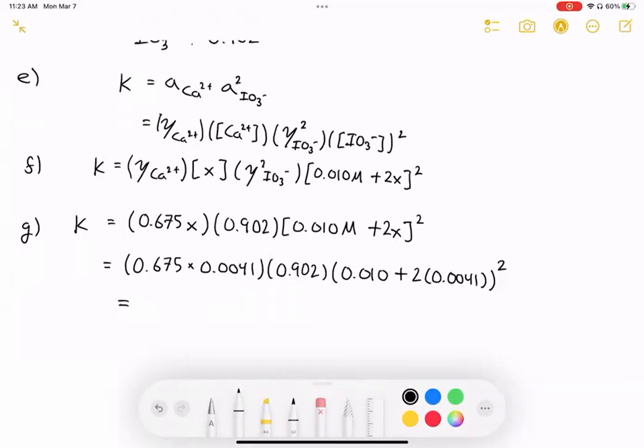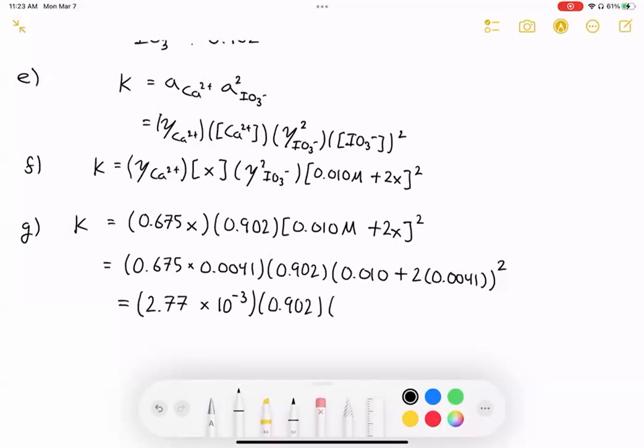Okay, so 0.675 times 0.0041 gives us 2.77 times 10 to the negative third. Multiplied by 0.902.